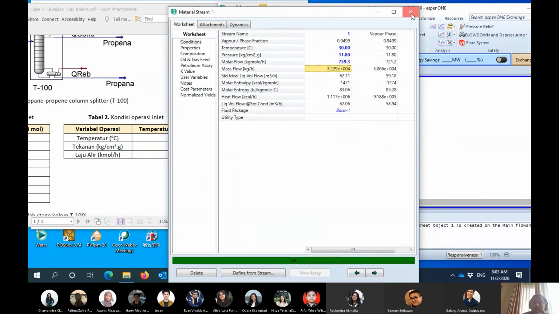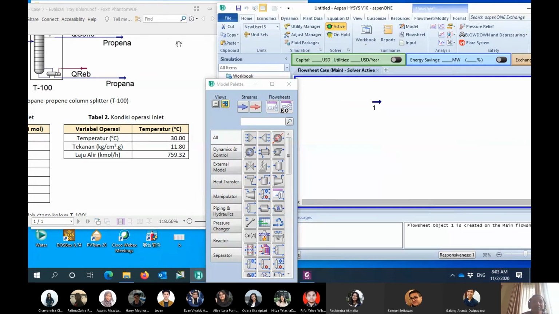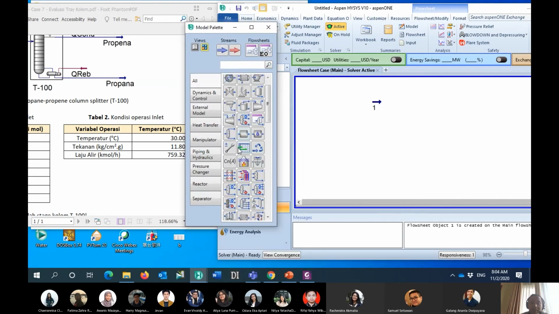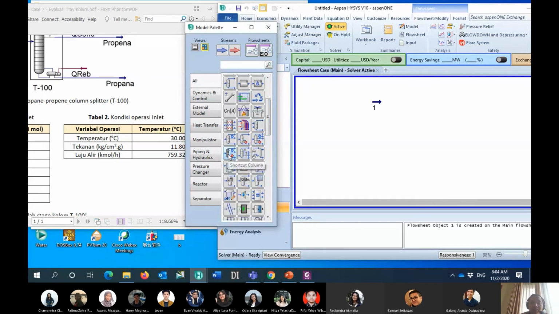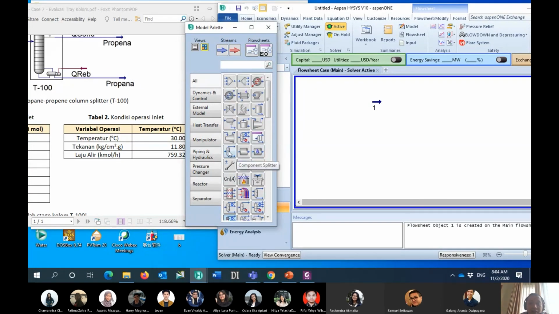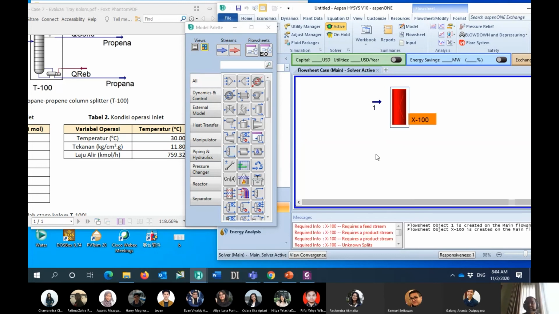Then, before I start with the rigorous distillation, in this case I will have to use the component splitter. I believe that you already learned how to use the component splitter in the process design class.